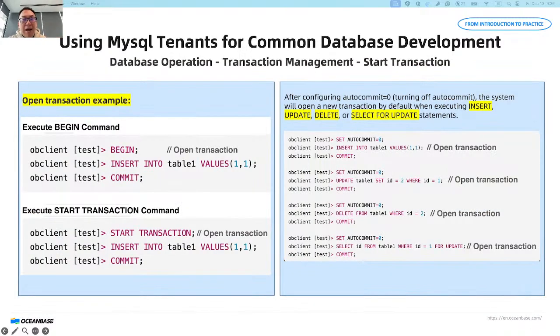Next is an example of how to control a transaction. We need to pay attention that after configuring autocommit to 0, it means the autocommit is turned off. The system will open a new transaction by default when executing insert, update, delete, or select for update statements.